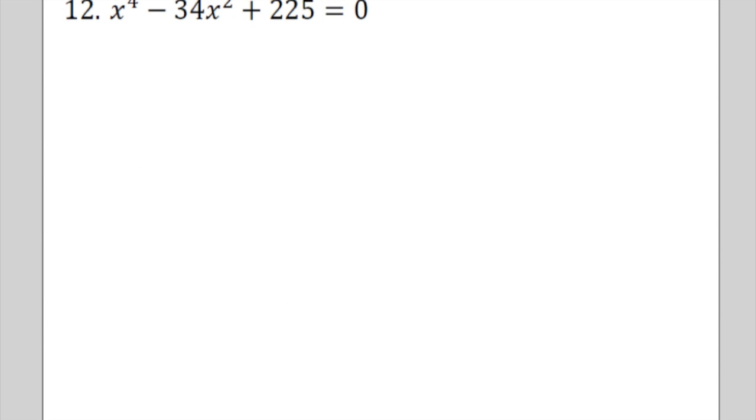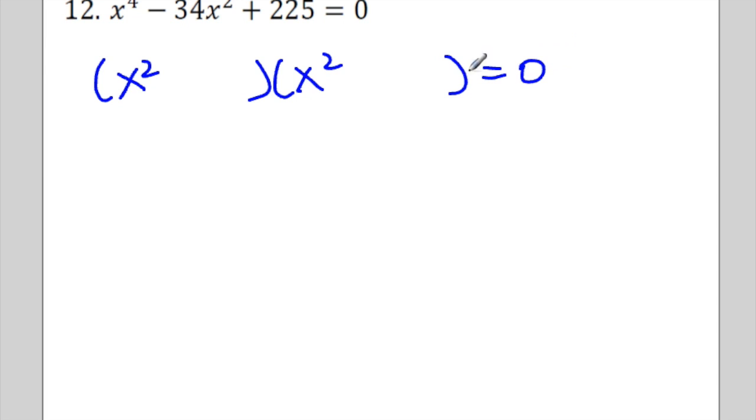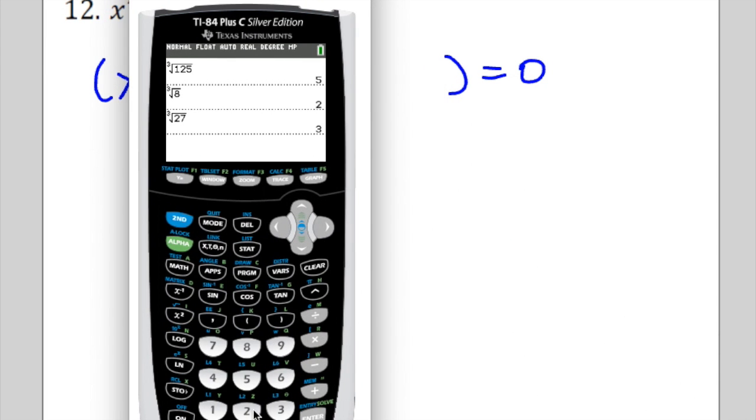Let's go ahead and look at number 12. Once again, I see it's a quartic. So I'm going to have an x squared in the front of each. Okay, if I have an x squared, well, it multiplies to 225 but adds to negative 34. So right away, I'm like, I have no clue, but 225 looks like it's divisible by 25.